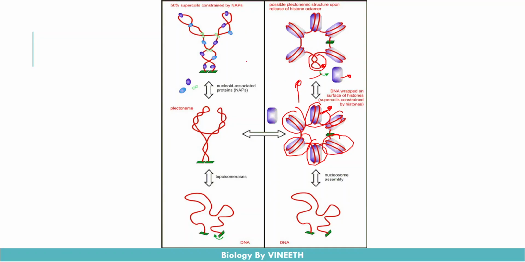The same thing happens in bacterial DNA, but this is a very rare case. The NAPs, or nucleoid associated proteins, majorly bind rapidly to the plectonemes or supercoiled DNAs, and this rapid binding causes them to compact more, to fit into the bacterial cells.